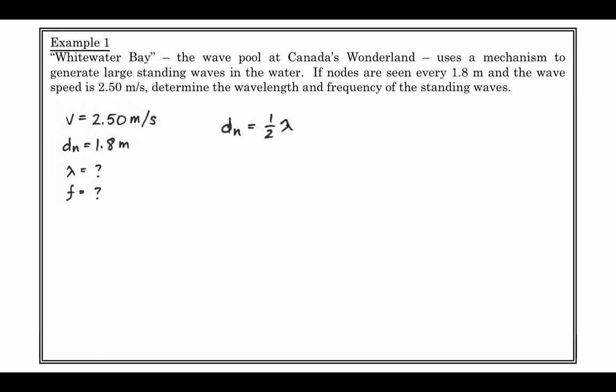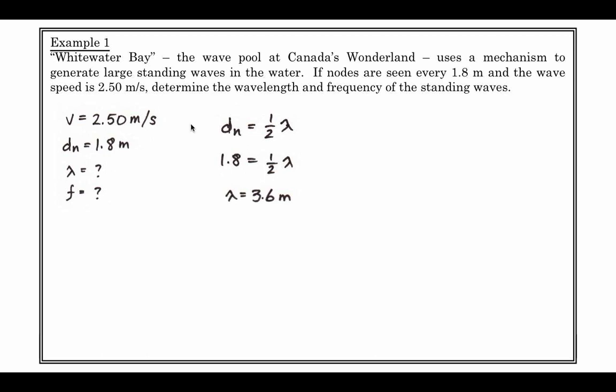And so here I introduce a little formula, which is that the internodal distance, the distance between any two nodes in any sine wave or cosine wave, is just half of a lambda. I can enter my 1.8 meters in for internodal distance, and this directly helps me calculate that the wavelength of these waves is 3.6 meters.